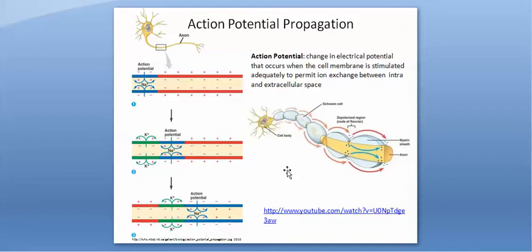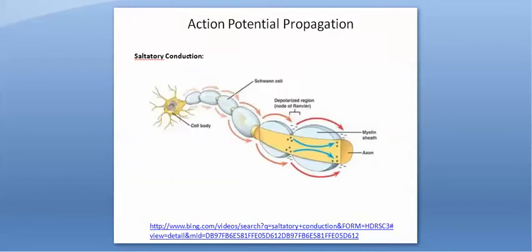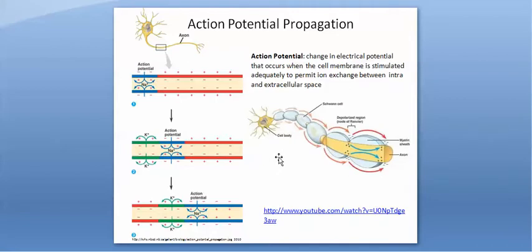And actually this is a great segue into action potential propagation. Action potential propagation occurs when we've had enough information coming in from the dendrites and the cell body, from other neurons telling this cell, you need to fire.